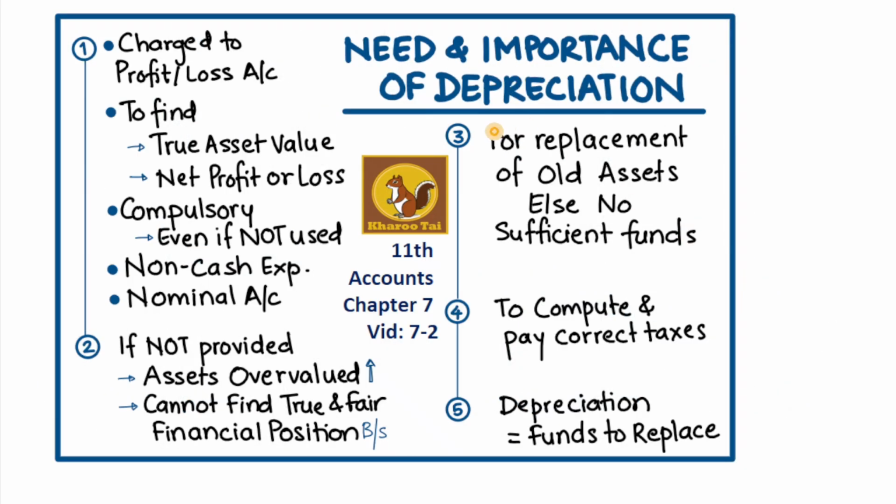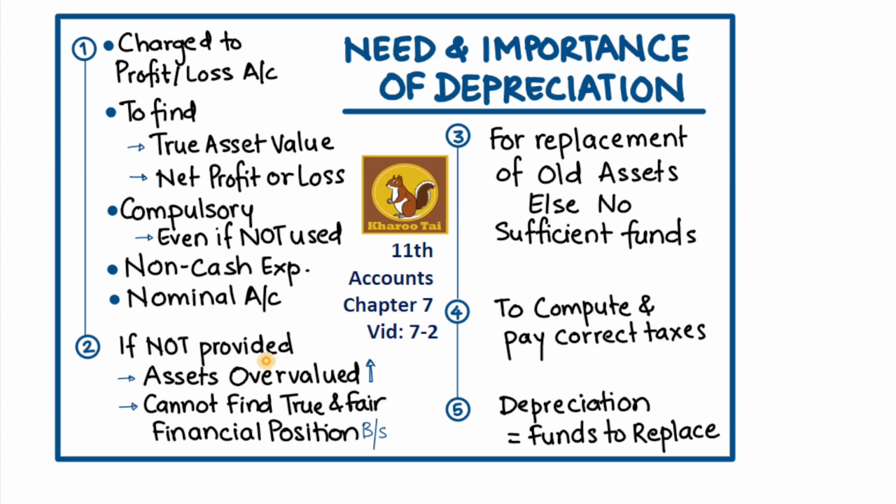So the need and importance of depreciation: we have to charge depreciation to profit and loss account to find the true value of asset and the correct profit or loss of the business. Depreciation charge is compulsory even if the asset is not used. It is a non-cash expenditure and it is a nominal account.